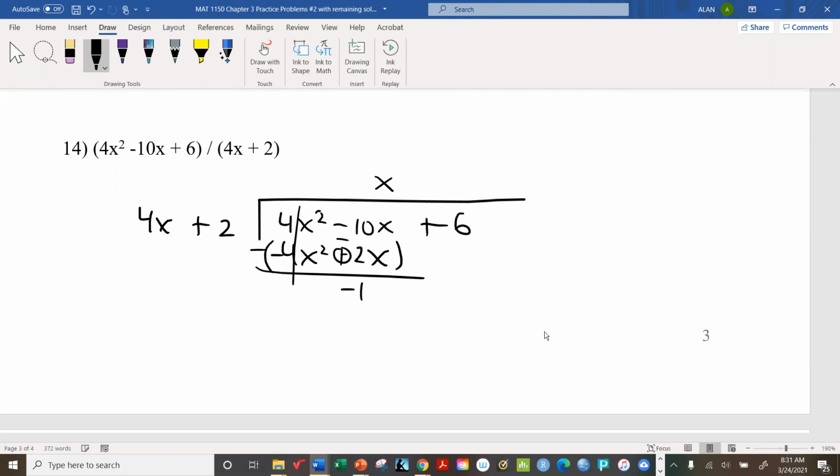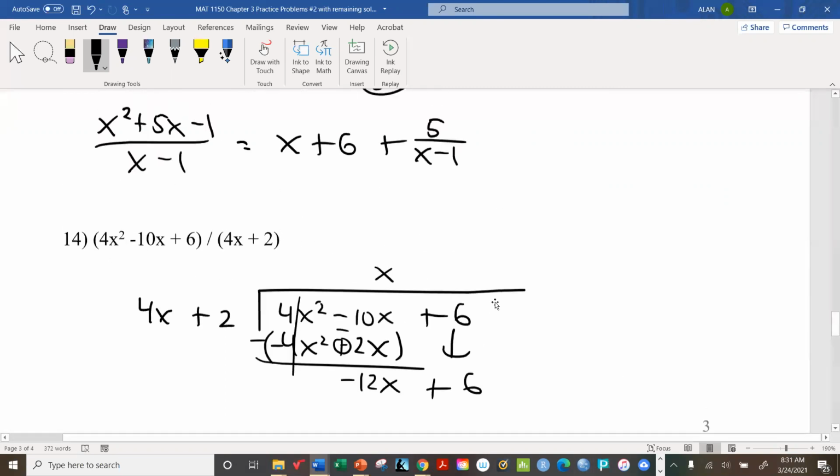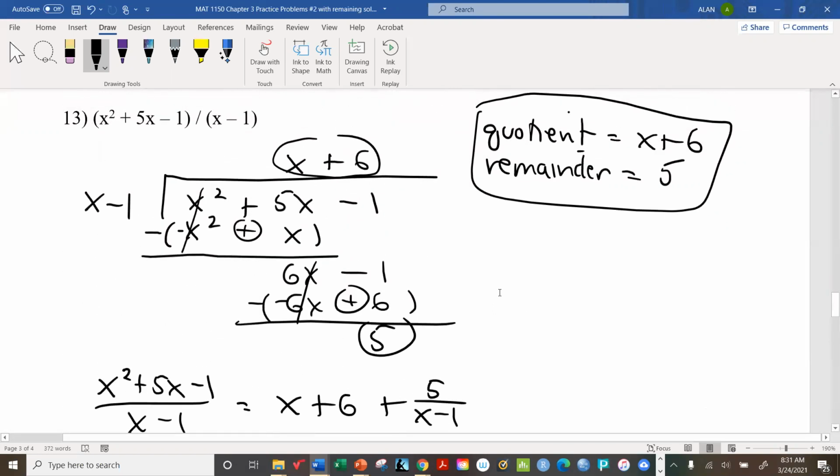This becomes negative. And remember, after every one of these subtractions, you always bring down the next terms. In other words, this subtraction leaves me with negative 12x, but don't forget, this needs to be here too. So I forgot to mention that up here. Every step along the way, like here, for example, when I subtracted, I got 6x, then you bring down the negative 1 as well. Okay, so that's how this works.